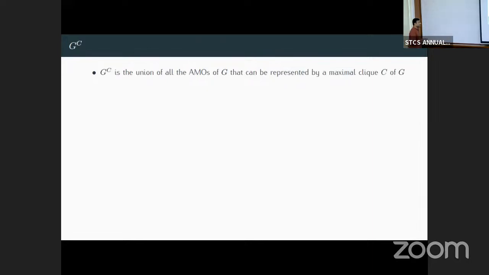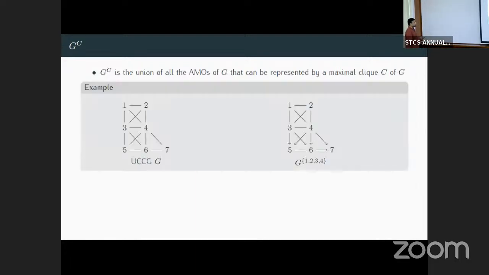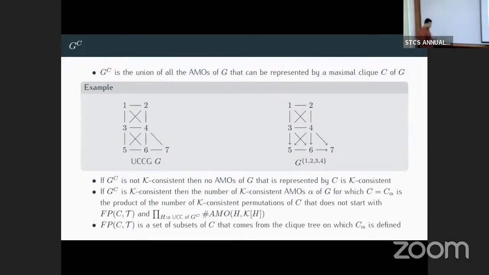For this, we take the union of all the acyclic model orientations of G that are represented by the maximal clique C, and this gives us a recursive relation, and this reduces our actual problem into smaller undirected connected components.